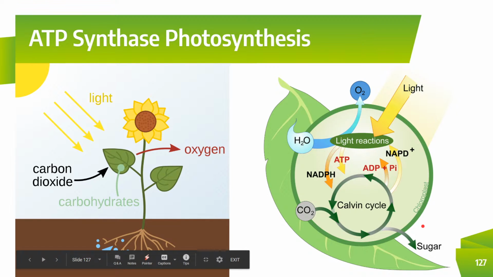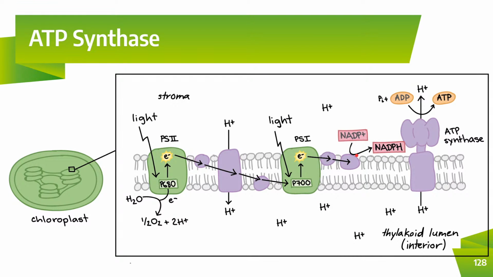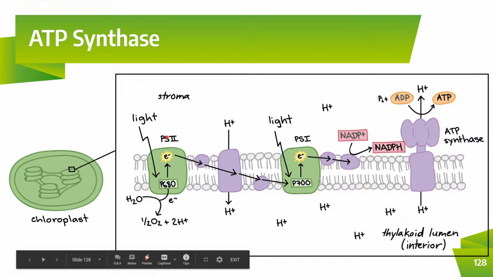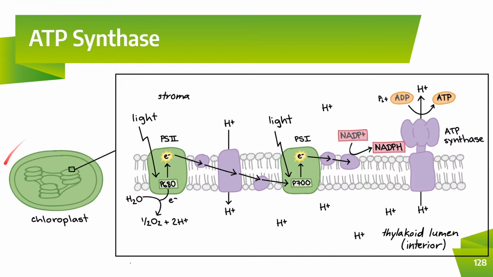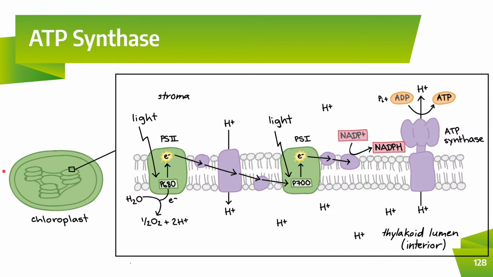So if we go even more into detail, especially in this energy producing step, in this light reaction, what we can see then is that there are different proteins involved. These proteins can be mainly found in chloroplasts.